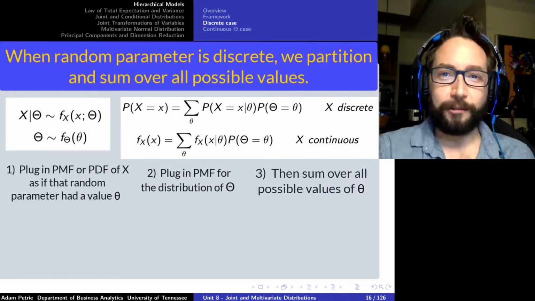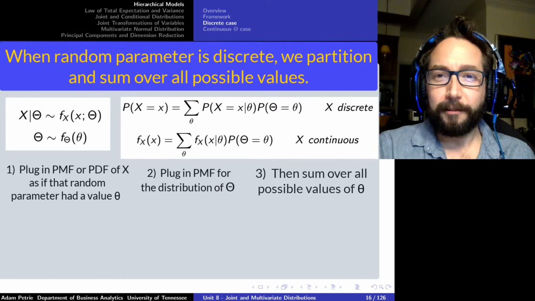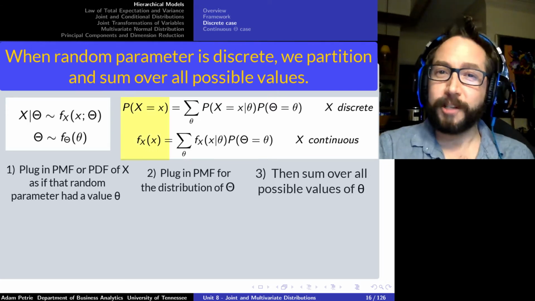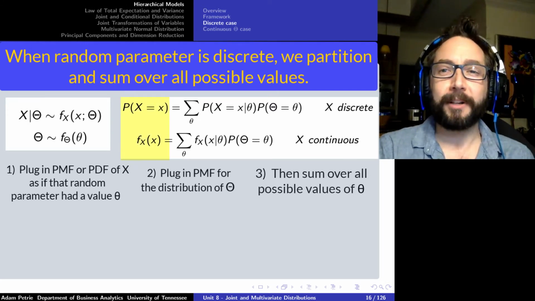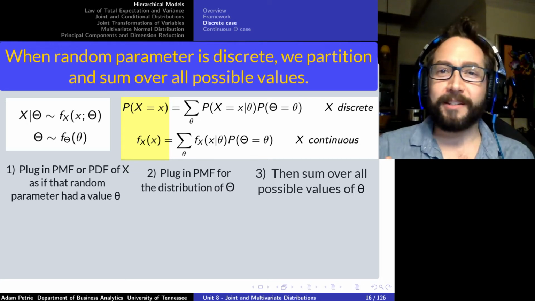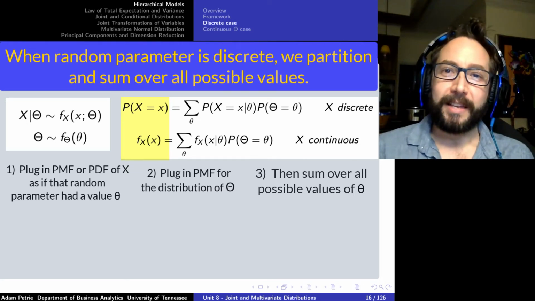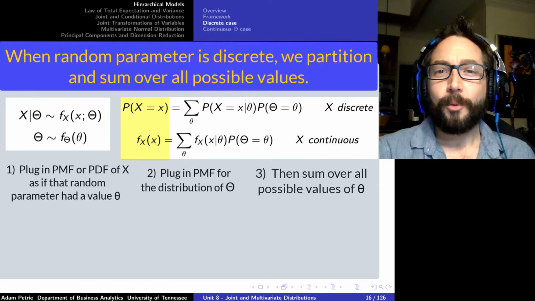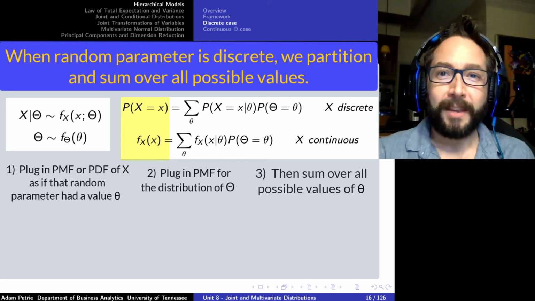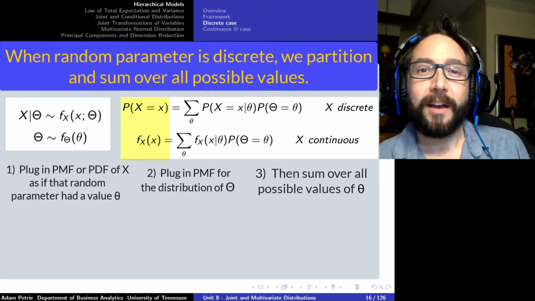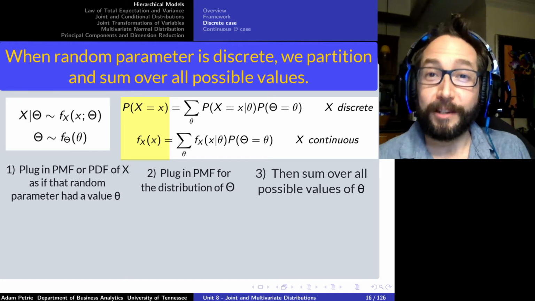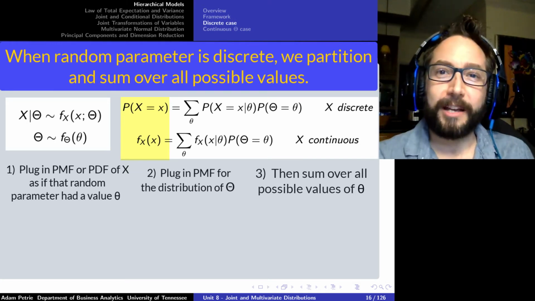So in general, if we have a hierarchical model and we want the marginal distribution of our random variable capital X, freeing it from the dependence on the random parameter that dictates the conditional distribution, we're going to do that partitioning trick. If the possible values of the random parameter form a discrete distribution, it works out as we've described here.